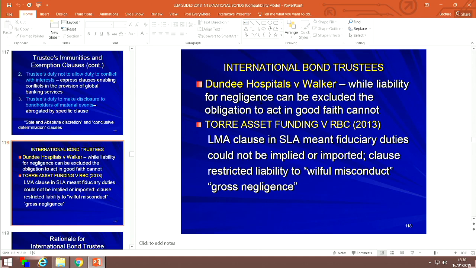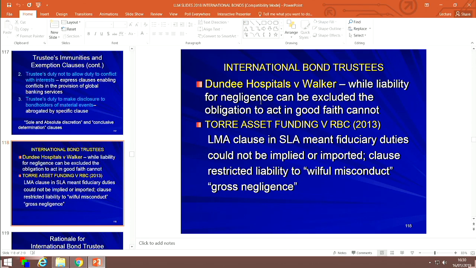The legal side is how far can you reduce the duties of a trustee under the common law? Can you reduce it to zero? I think most lawyers, both professional and academic, will say no, you can't. Because if that happens, there is no trustee. The trustee must have some kind of duty. And that requirement is satisfied by one of two things. One, the duty to act in good faith, which is the one we talked about earlier.